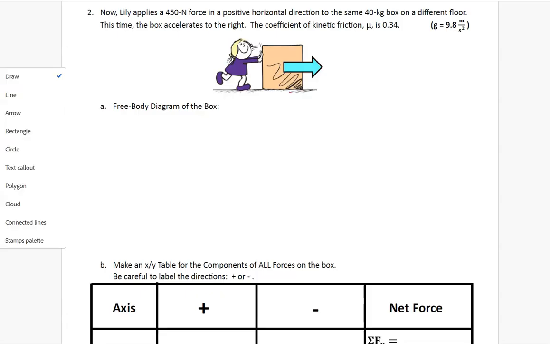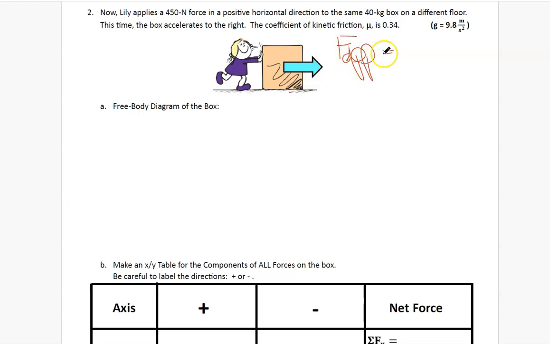So what else do we know? Right from the problem, we know the applied force is equal to 450 newtons, and we'll make a note that it's in the positive direction. We know the mass is still 40 kilograms. We know g is 9.8 meters per second squared.